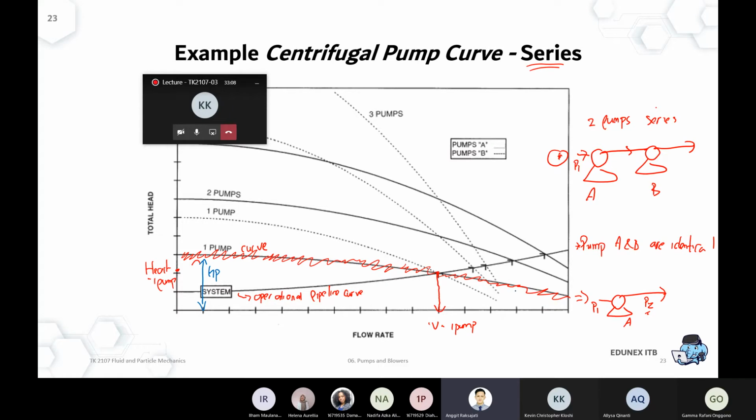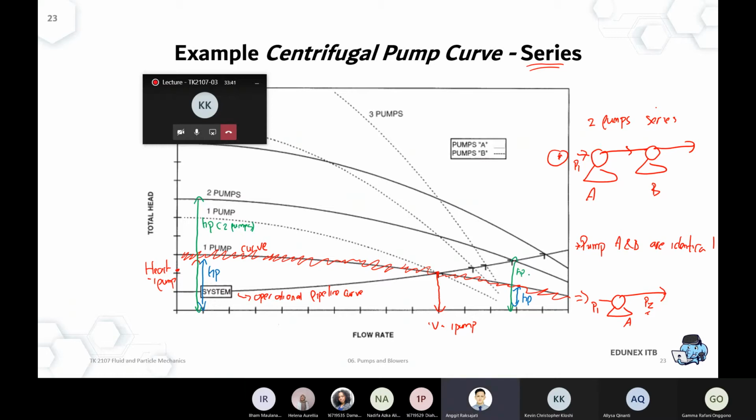At a larger flow rate, for example at this point, that would result in a lower head generated by the pump, for one pump. Now, please compare the blue line with, let me use the green one now, at the same flow rate: head generated by two pumps.